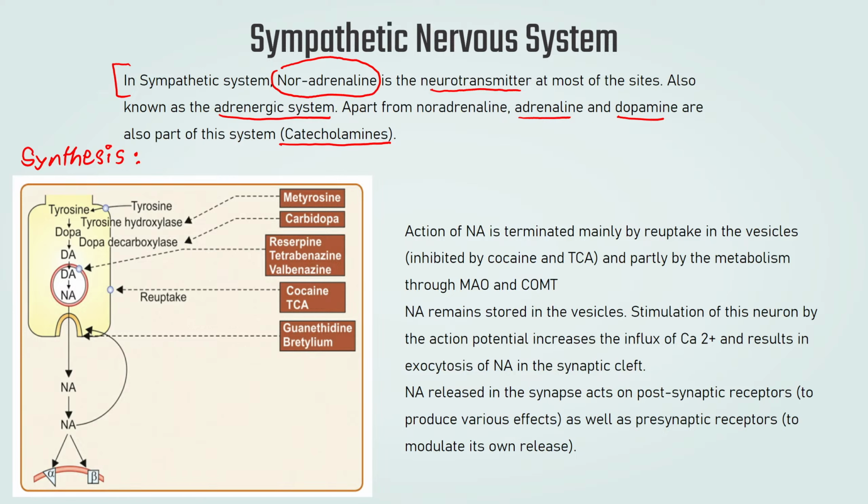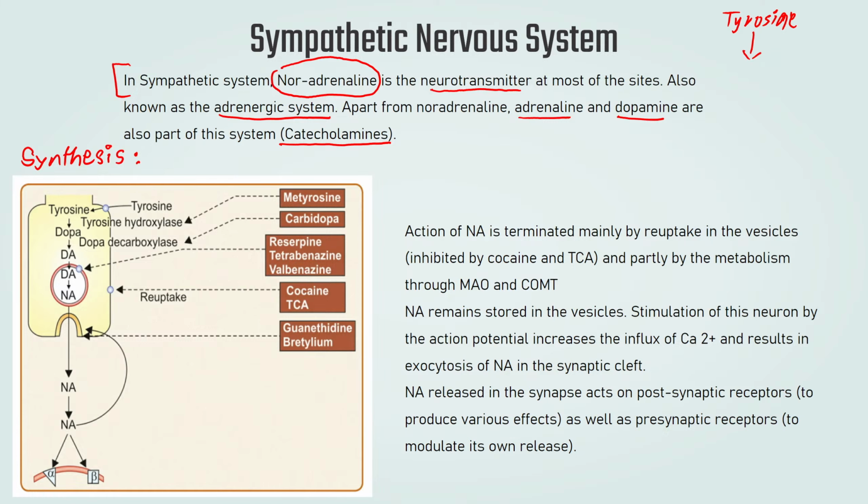Like in synthesis, first it will start with tyrosine. Firstly, circulating tyrosine in our body is transported to the neurons. Noradrenergic neurons, adrenergic neurons. It is transported to basically the sympathetic neurons.